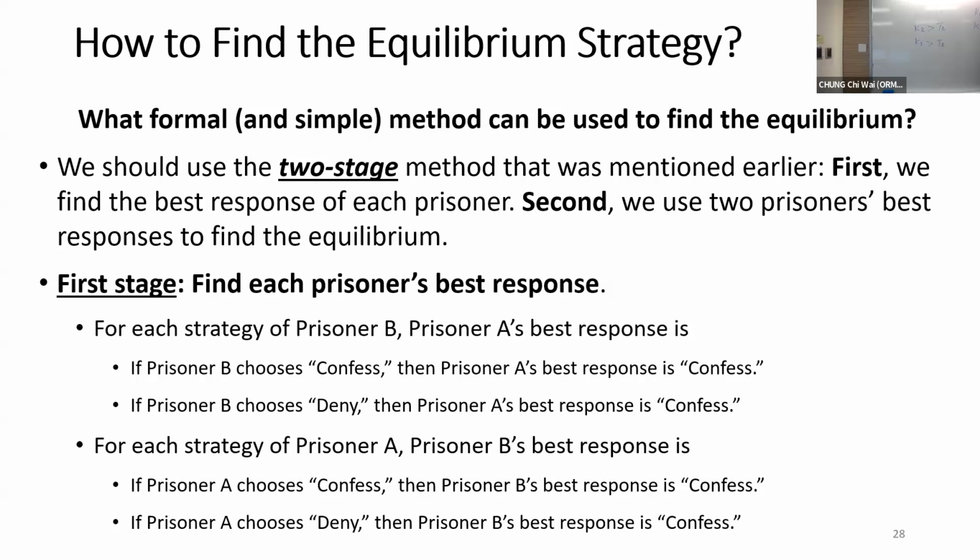To identify the best response of B to the decision made by A, you can see that if prisoner A chooses confess or chooses deny, the dominant strategy of prisoner B is confess, not deny. Why?